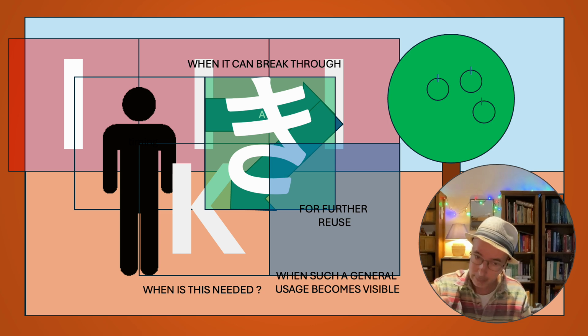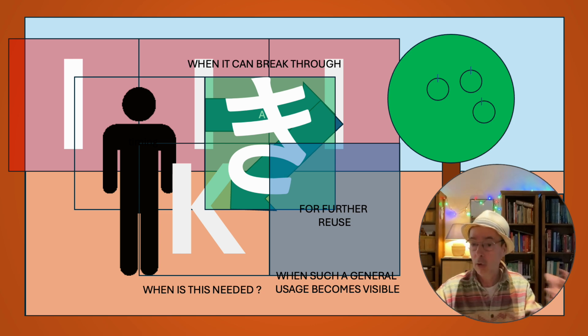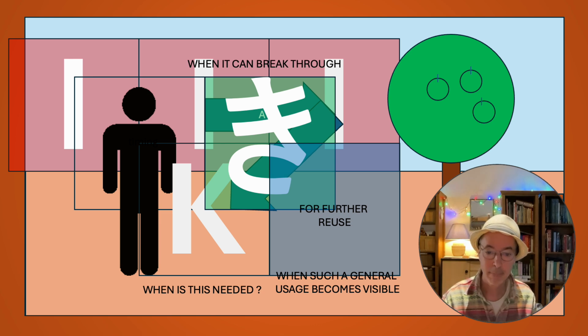No, not only now, but also at some other time, all times. It's for all time's sake. It's for everybody. So when this general usage becomes visible, we can use Ki. Ki is then the key, the energy also to use everywhere and anywhere.